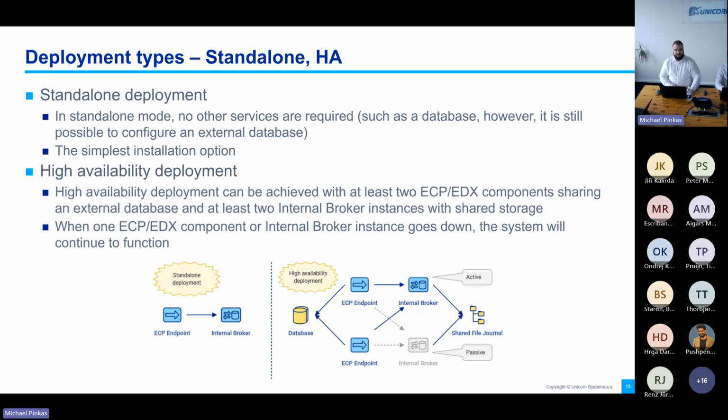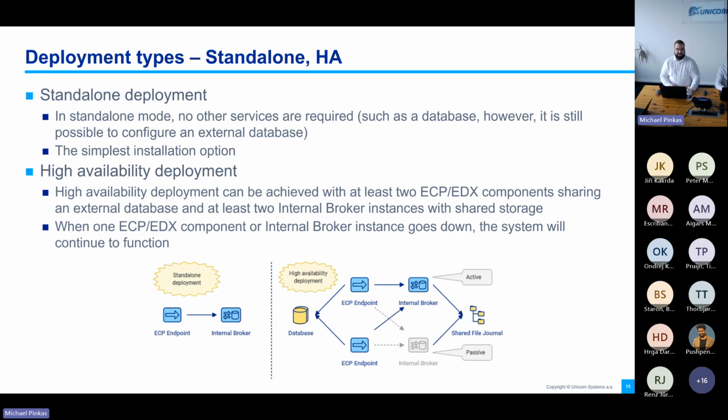And regarding the high availability deployment, this can be achieved with at least 2 ECP or EDX components sharing the same external database, and at least 2 internal broker instances with shared storage. That's what you can see on the picture below on the right side, that basically both nodes of the ECP endpoint are connected to the shared database, and then the internal broker is connected to one shared file journal.